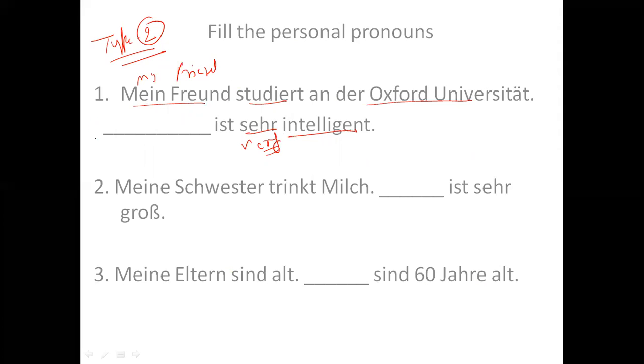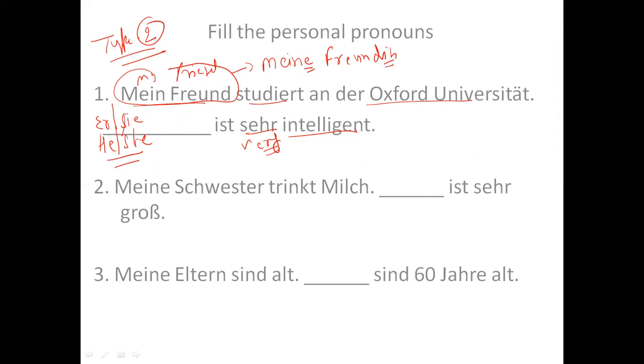So my friend can be he, can be she, right? But what shall I write here? I shall write er, or I shall write sie. What answer is correct? So it is talking about my friend, and if I write meine Freundin, then it will be a female friend.